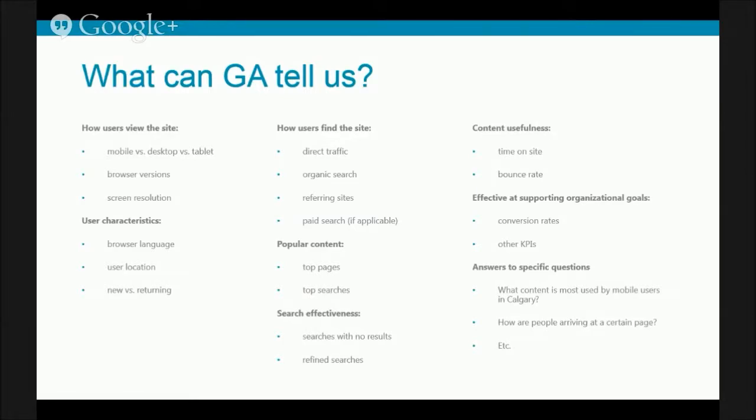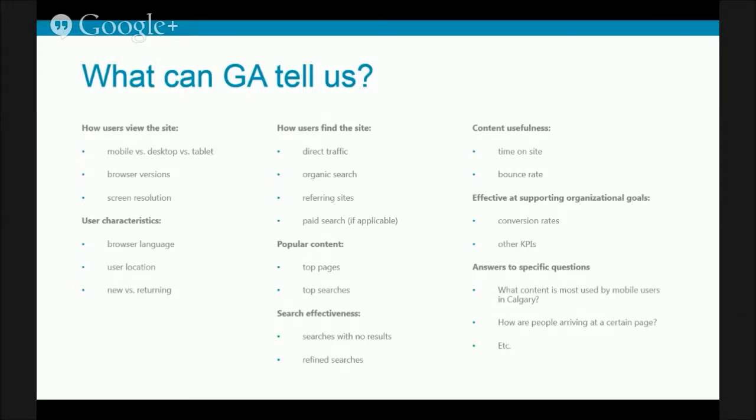What type of browser are they using, what's their screen resolution, all those details. The user characteristics: what's their browser language, where are they located, have they come to your site before or are they brand new, and how did they get there? Did they come directly using your URL? Did they come in with a search term? Did another site refer them? Did they use an ad that you've paid for?